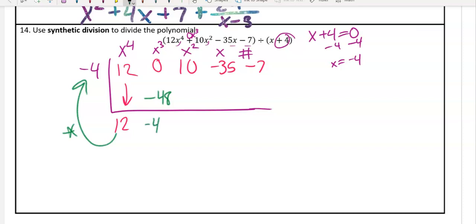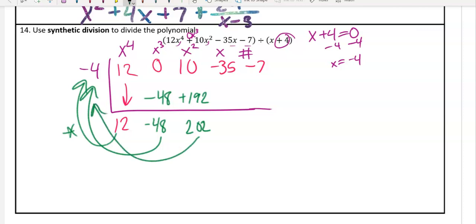0 minus 48 is negative 48. Then we multiply again. Negative 48 times negative 4. I already put this into a calculator, so I'll spare you the time, but it is a positive 192. 10 plus 192 gets us 202. We go back into multiplying. 202 times negative 4 is a whopping negative 808.